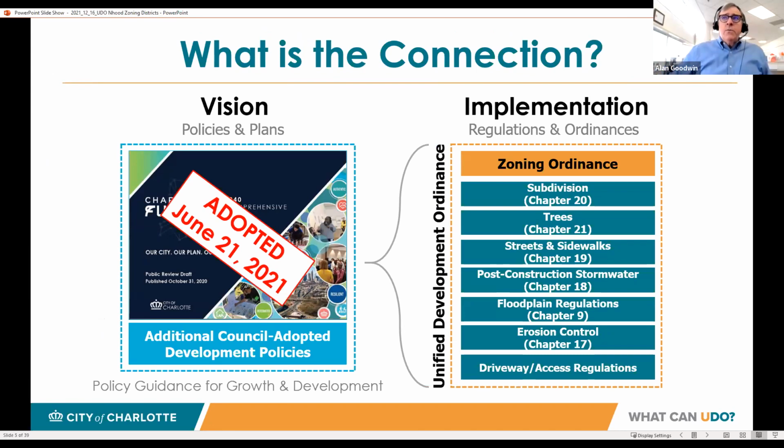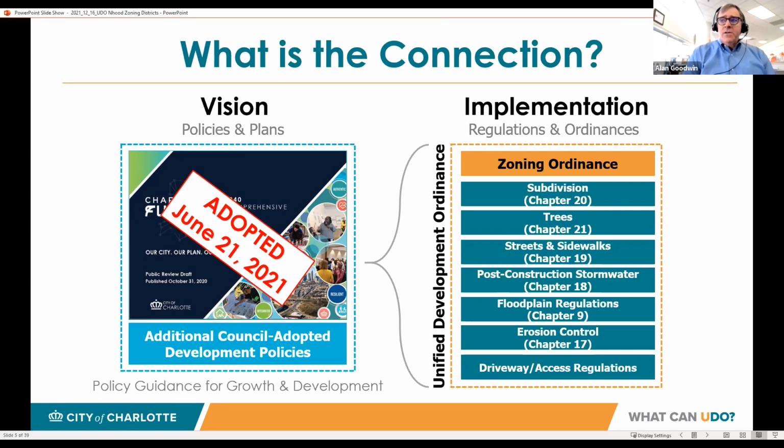So again, a little more background. What is the UDO and how is it connected to the adopted comprehensive plan? It is the implementation tool for implementing the adopted comprehensive plan and other city adopted policies. It updates and consolidates and joins together several land development regulations and ordinances that currently exist in various chapters of the city code.